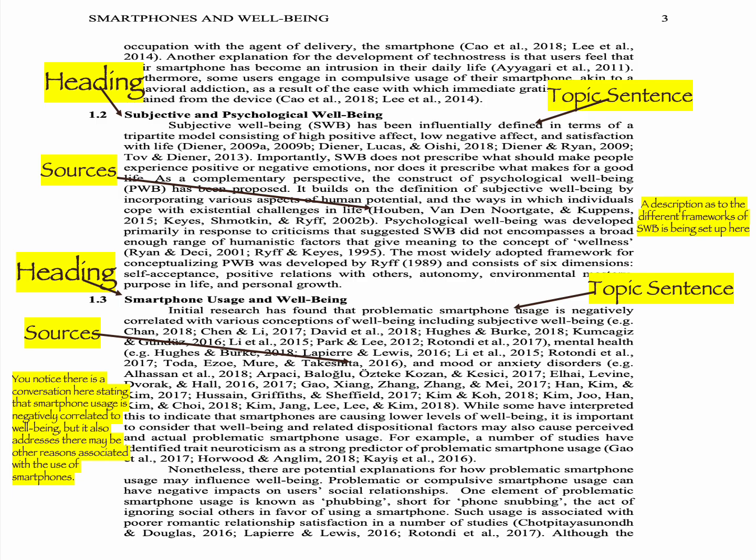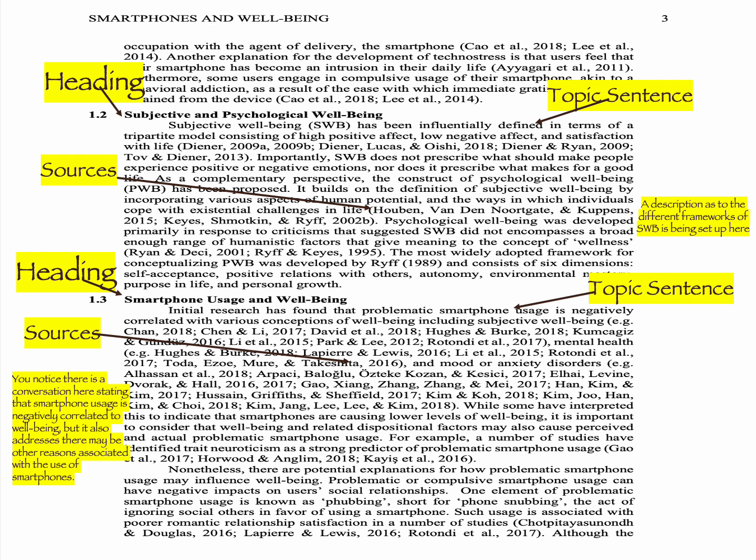Second theme, subjective and psychological well-being. So the inference here is that this section is going to cover how smartphone usage impacts subjective and psychological well-being.